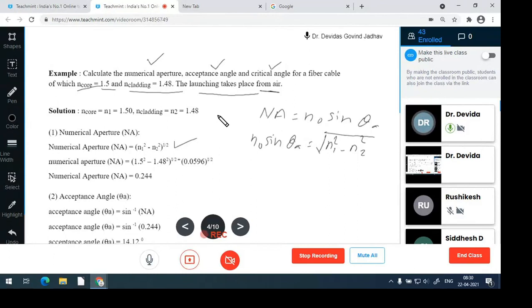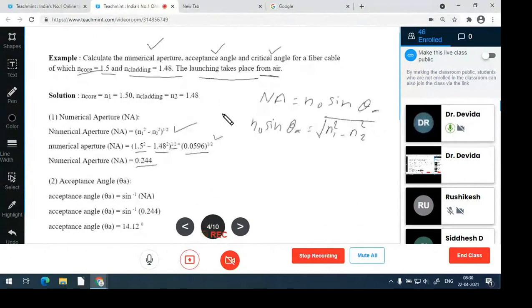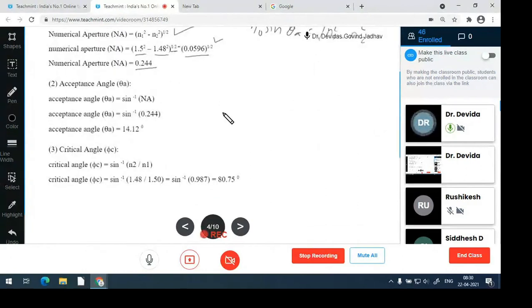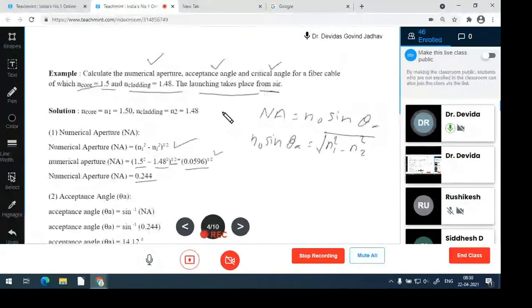So Na equals root of N1 square minus N2 square. We substitute here: 1.5 square minus 1.48 square, raised to 1 half, meaning root. This becomes root of 0.0596, and the numerical aperture comes out at 0.244. Then acceptance angle theta A, we know N0 is 1 as given in the problem because the optical ray is launched in air.